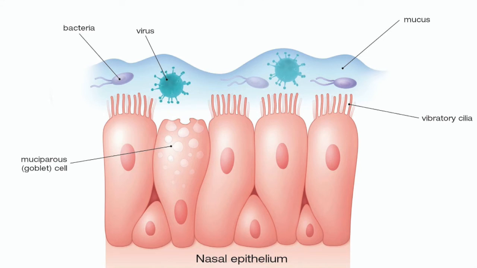When goblet cells are full of mucus, they break out and the mucus comes to the surface of the nasal epithelium, and the role of this mucus is very important. Everybody who is healthy produces approximately 100 milliliters of it in 24 hours.